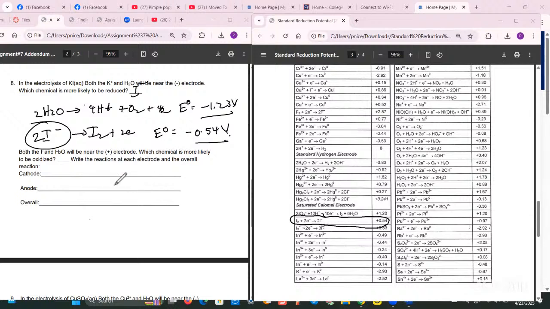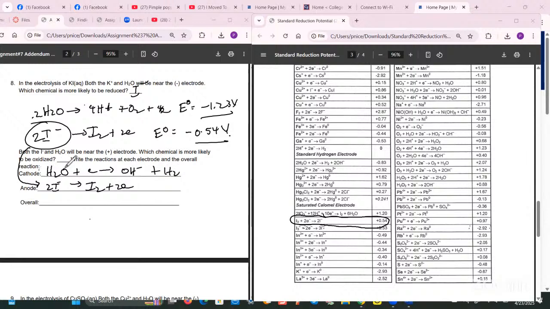Oh, actually, space is provided here. So the I minus undergoing oxidation would take place at the anode. Let me just rewrite that down here to form I2 plus 2 electrons. And the reaction at the cathode would be the reduction of water, H2O plus electrons to form OH minus plus H2.